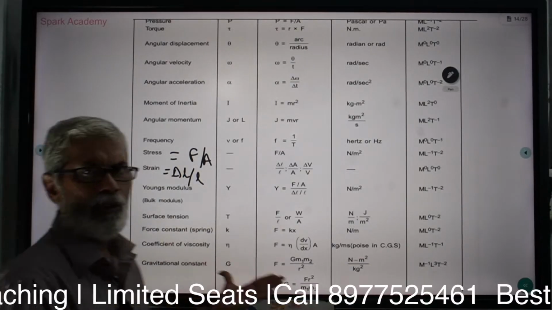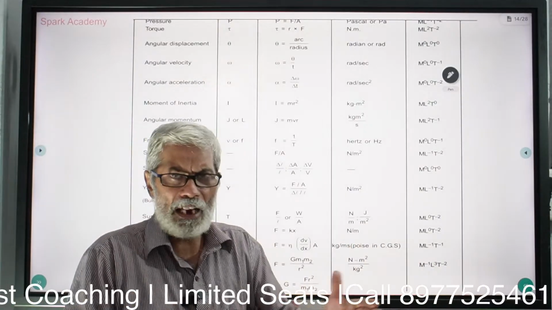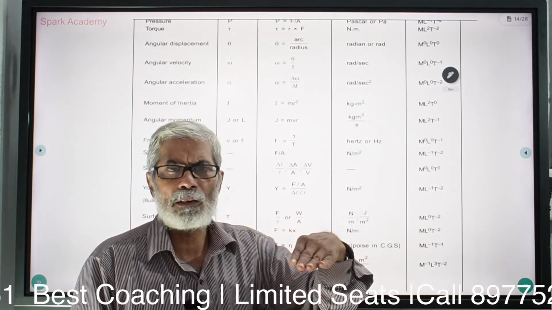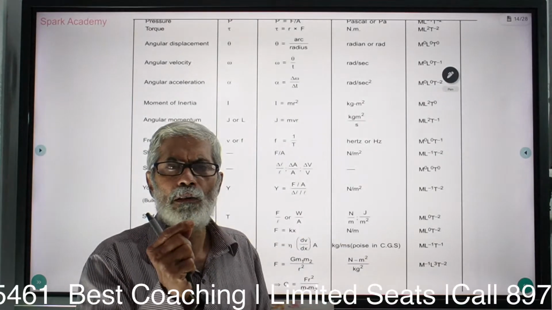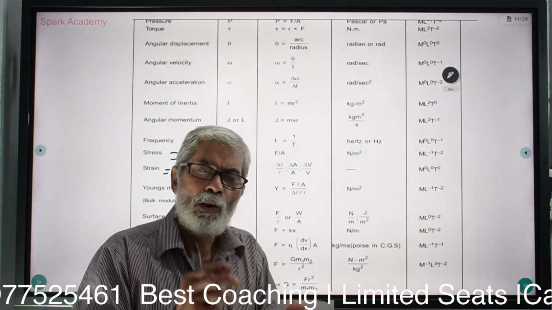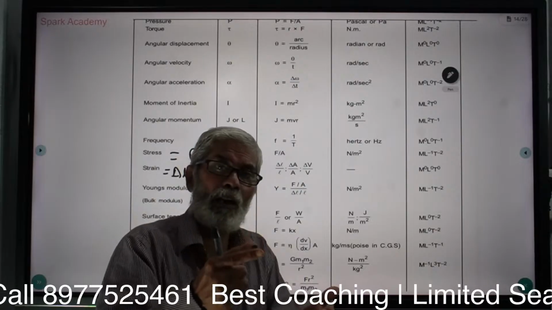Surface tension means what? Force acting per unit length on the surface of the liquid. The liquid acts as a stretched membrane. See, suppose you take a glass of water. You take a pin and just put the pin on the water, it will float. Don't put the pin like this. If you put the pin like this, what happens?